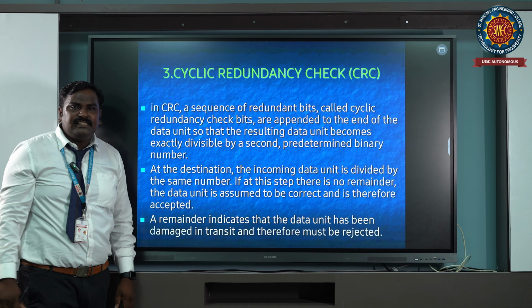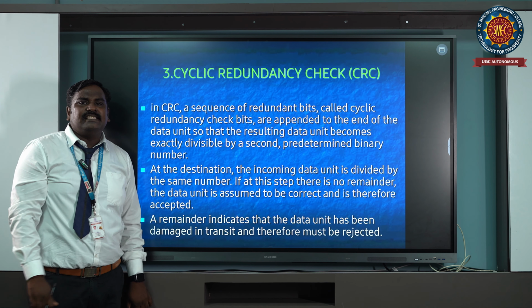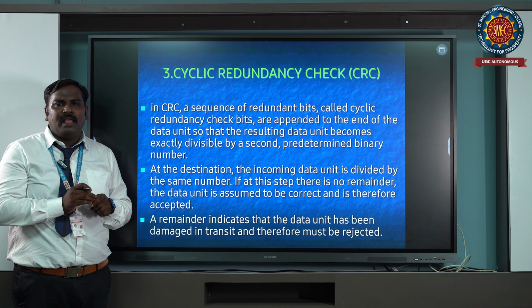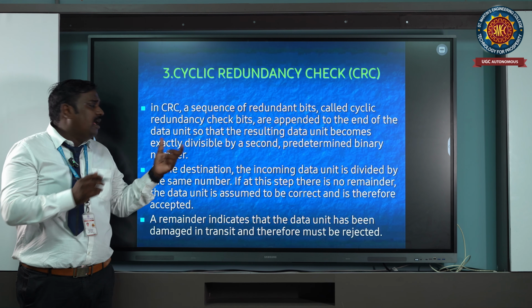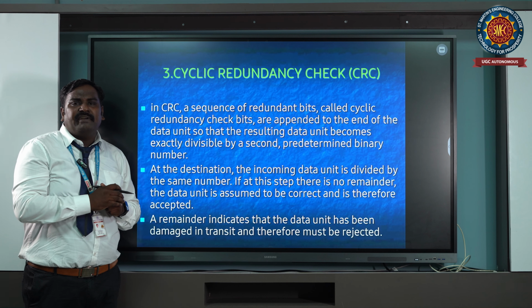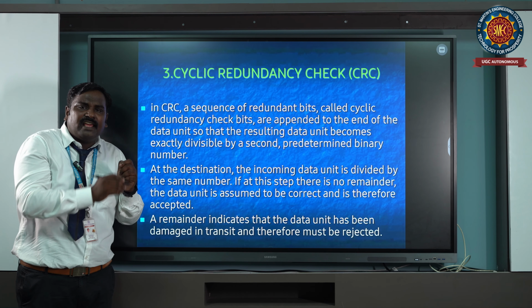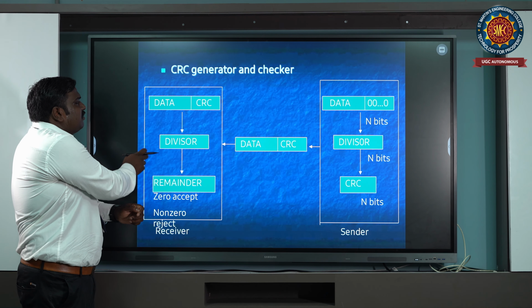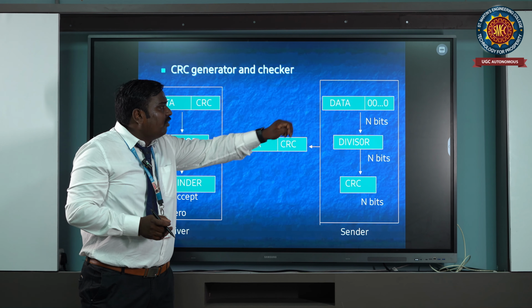CRC. CRC is nothing but cyclic redundancy check. In CRC, the data and parity are divided by some divisor. Using the divisor, we check whether the data is error free or not. Let me discuss it one by one with an example.